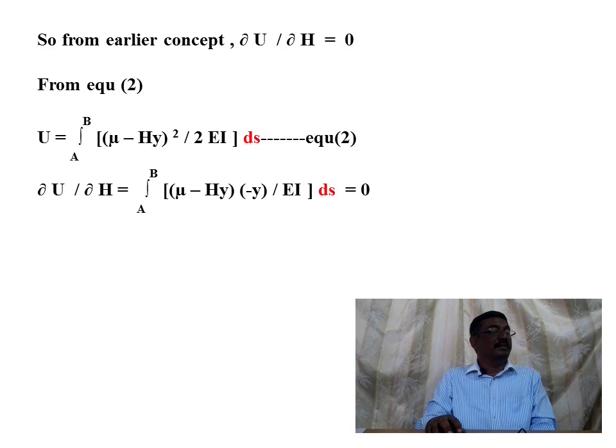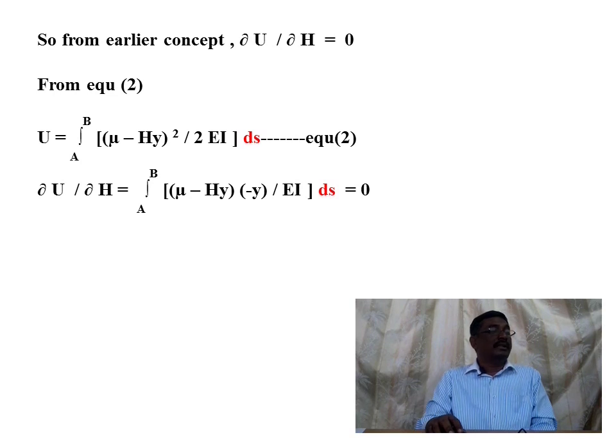The equation will become dou U by dou H equal to integral A to B of minus Hy minus y divided by EI. Once we integrate, we get (Mu minus Hy) into minus 2y divided by 2EI. The 2 will get cancelled. As a result, we get this form: integral of (Mu minus Hy) into minus y by EI ds is equal to 0.